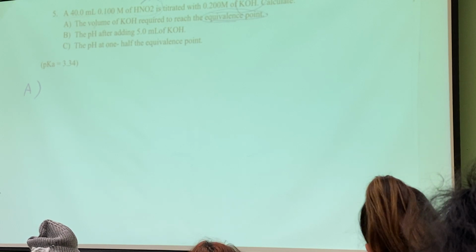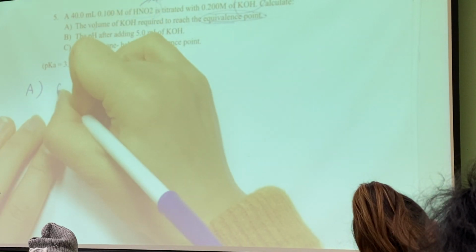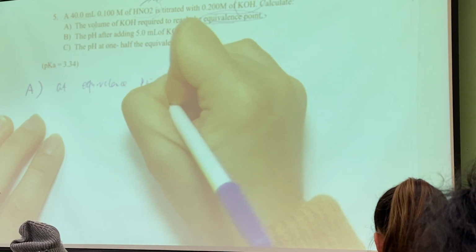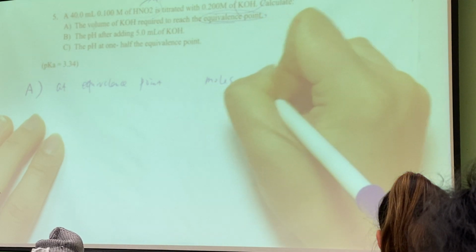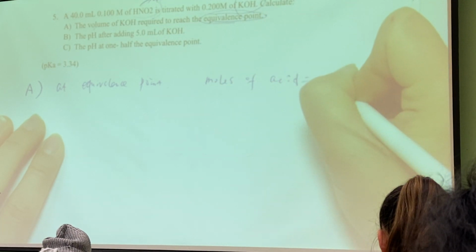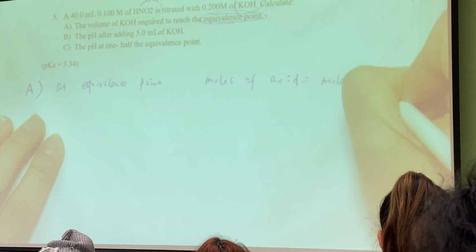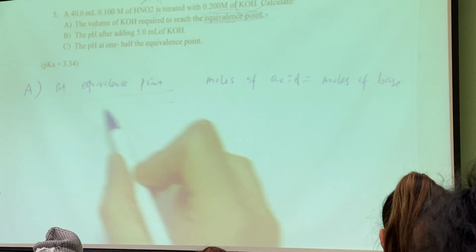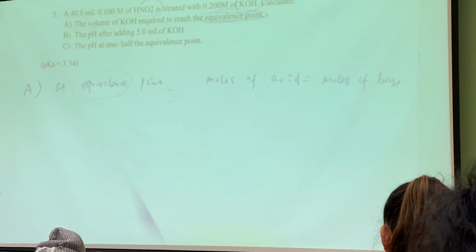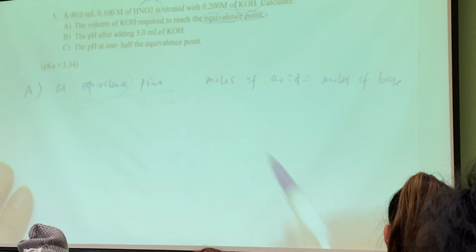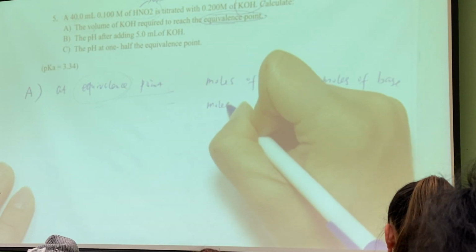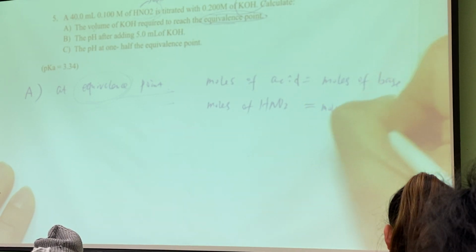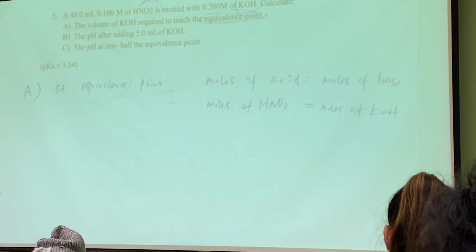The moles, or amount, of acid equal the moles of base. That is how we define the equivalence point. Equivalence means amount equivalence. So my moles of nitrous acid should equal the moles of base, potassium hydroxide.